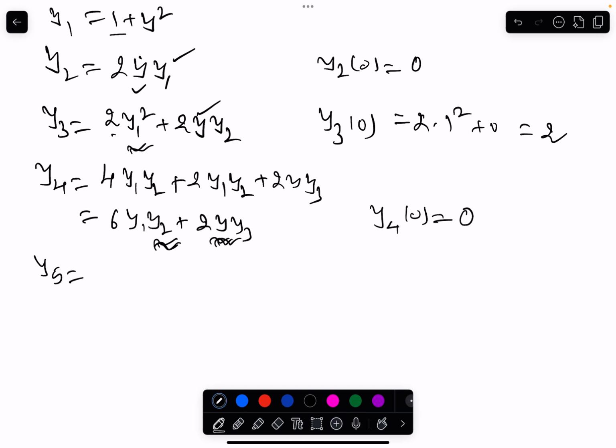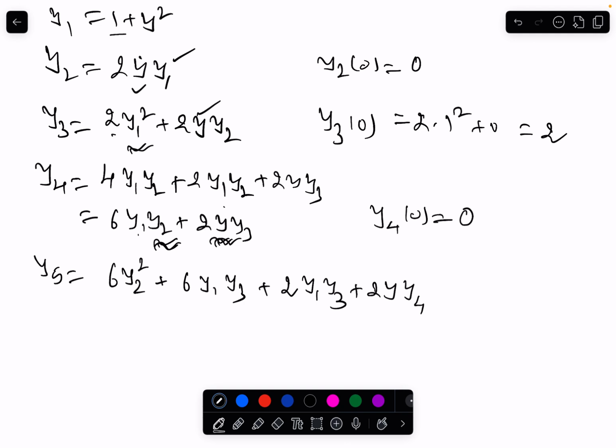y5. So the derivative of y1 is y2, y2 is already there, and 6 is there. So 6 y2 square plus 6 y1 y3 plus 2 y1 y3 plus 2y y4.